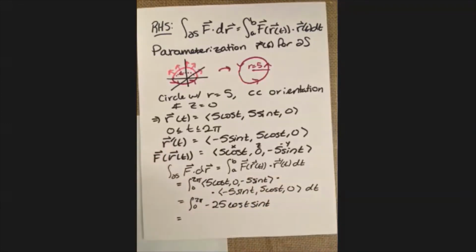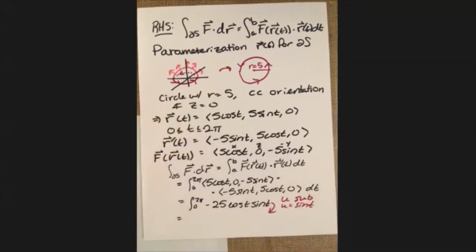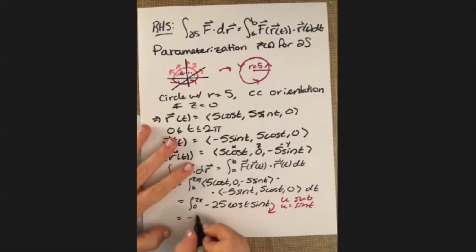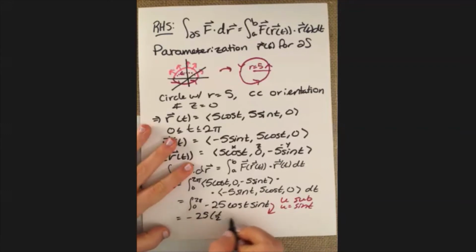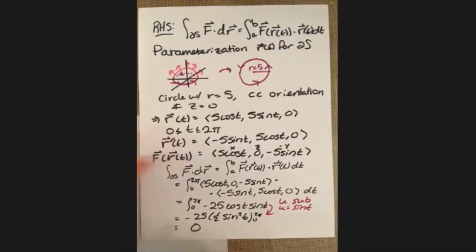Using a u sub, where u is equal to sine of t, we get negative 25 times 1/2 sine squared t from 0 to 2 pi, which is really just equal to 0. That does indeed agree with what we had gotten for the left-hand side of the equation. So we confirmed that Stokes' theorem does indeed work in this case.